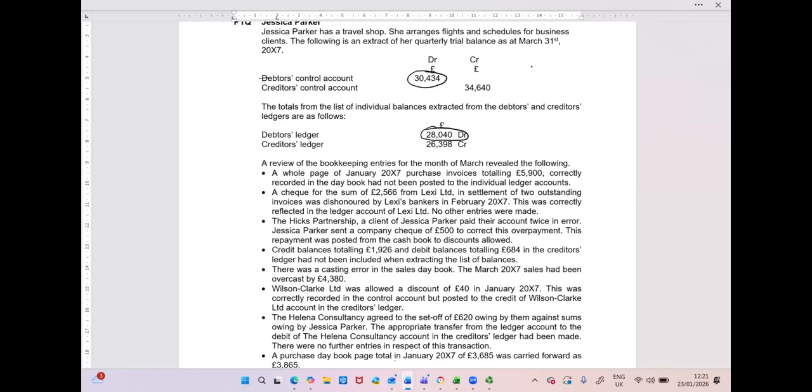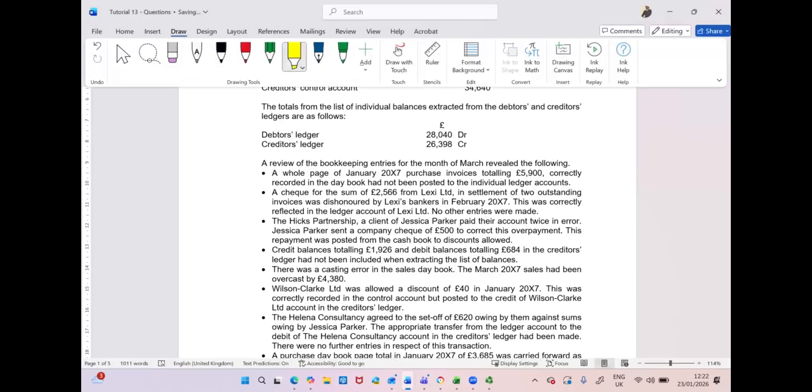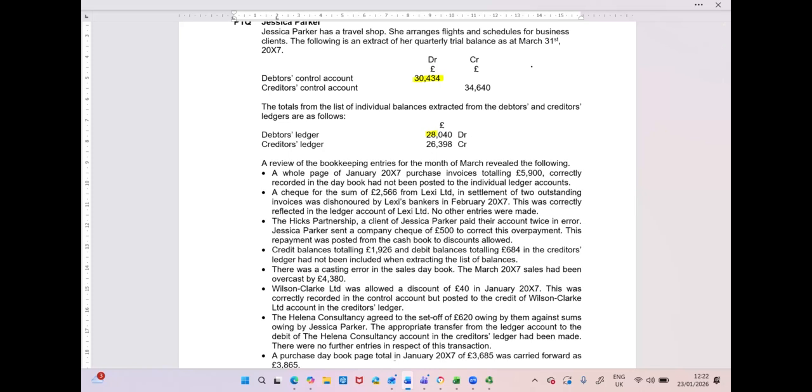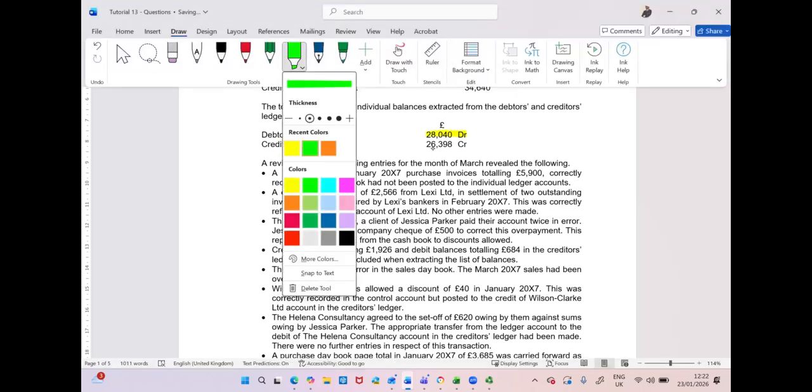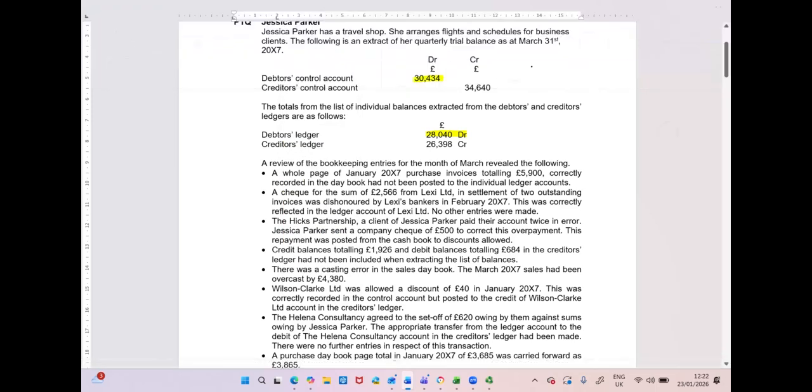And if they are not matching, that means we need to go through all these errors stated in the bullet points, fix those errors and reconcile, making sure that at the end, both the control account balances and the individual account balances are matching. So you can see that this balance is not matching with this balance, and the creditor's control account balance is not matching with the creditor ledger.